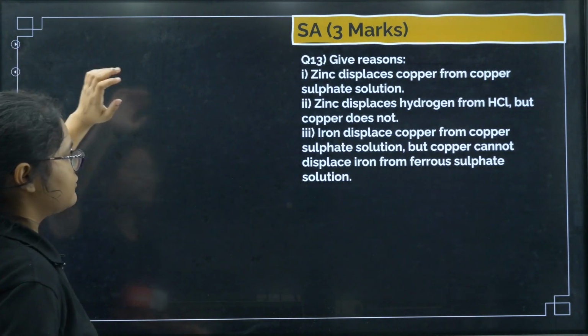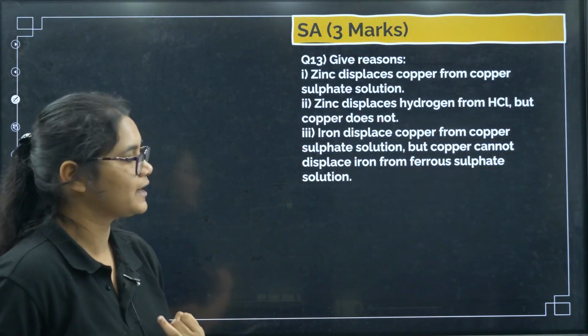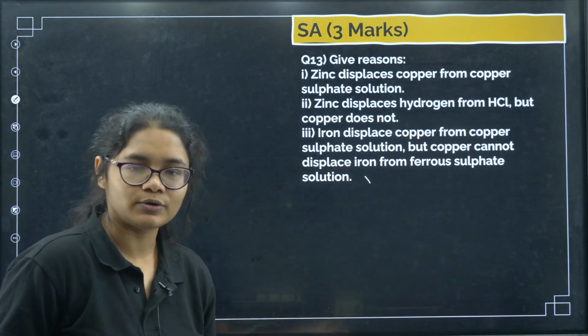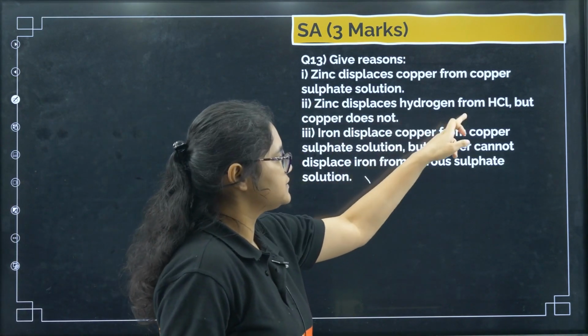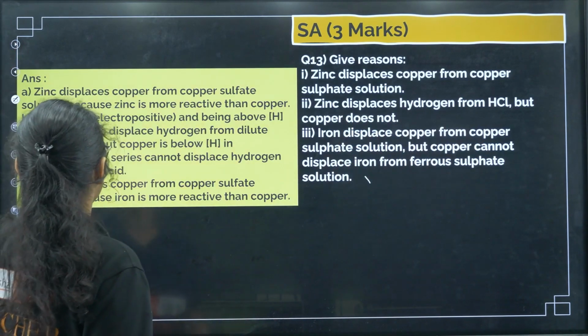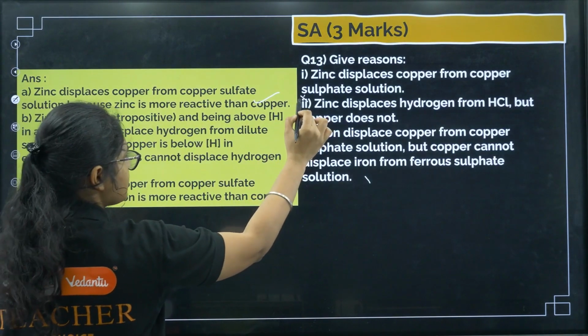Okay, next we have give reasons. Zinc displaces copper from copper sulfate solution because zinc is more reactive. Iron displaces copper from copper sulfate solution because iron is more reactive than copper. Zinc displaces hydrogen but copper does not, and you can explain like this. The first one, zinc is more reactive than copper. The second one is important here.